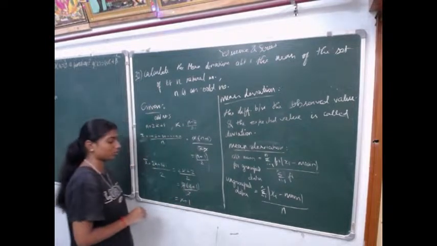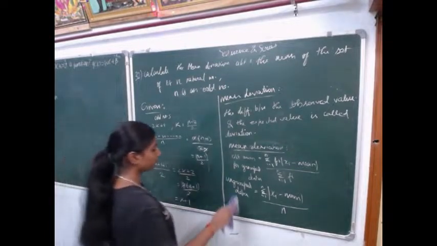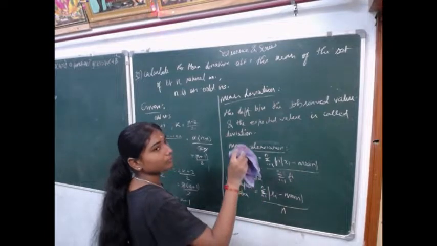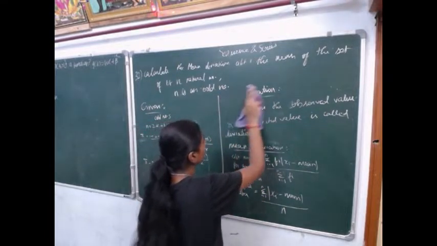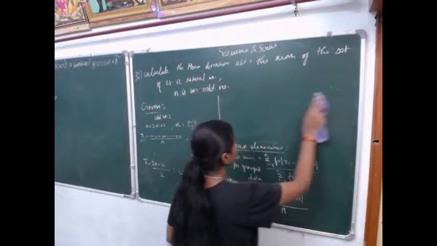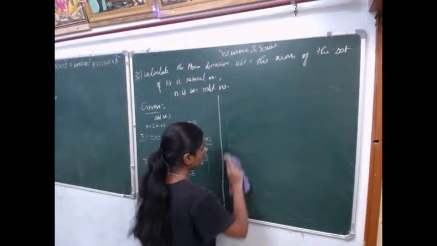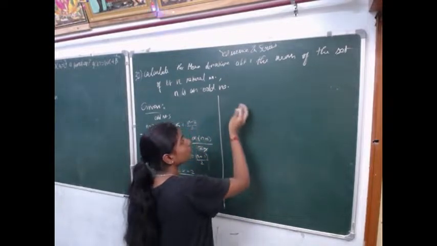Finished? Now you can take a column like this: xi, put xi, then put xi minus x bar, and put the modulus of xi minus x bar. Okay, take 1.